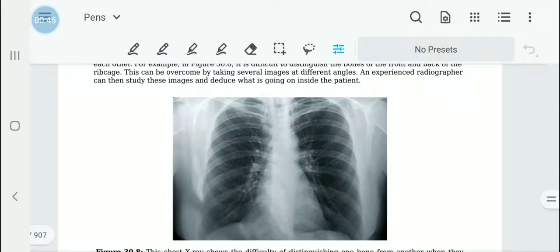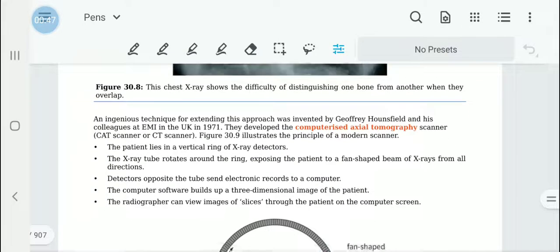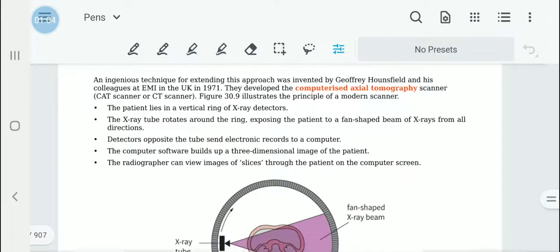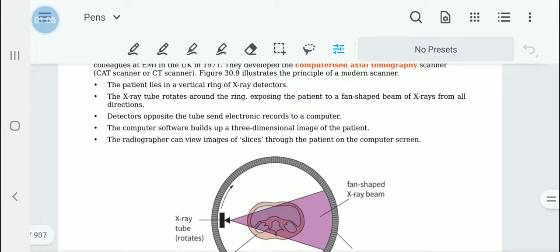So to see what is going on inside the patient, in 1971, Godfrey Hounsfield and some colleagues of his developed a machine called computerized axial tomography scanner, CAT scanner or CT scanner. So here what happens is the patient would lie on a bed, and around him there is a vertical ring of X-ray tubes, detectors.